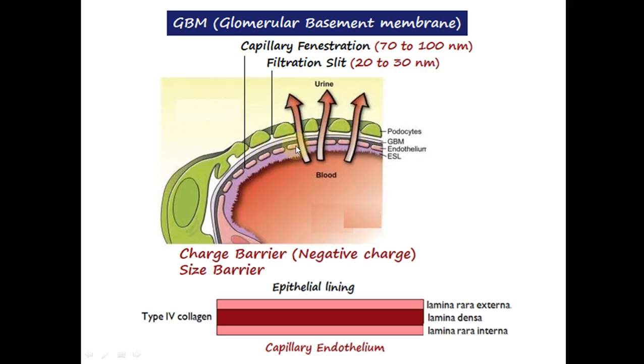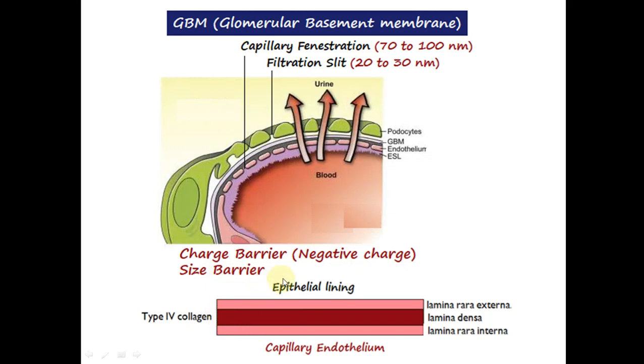Moreover, this area is negatively charged, so negatively charged molecules are repelled, and in some glomerular diseases, for example minimal change disease, only the loss of this negative charge causes proteins to pass through the filtration slits and appear in the urine. So one is the size barrier and the other is the charge barrier.